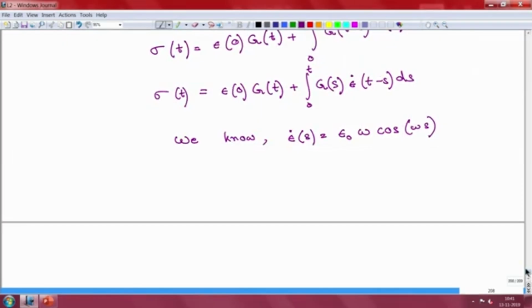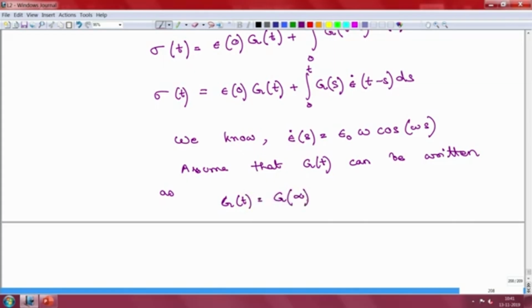And before we proceed further, we are going to make one more assumption. Before we proceed, we will assume that this G has a particular form. We are going to assume that G(t) can be broken up as G of infinity plus delta G at some time.